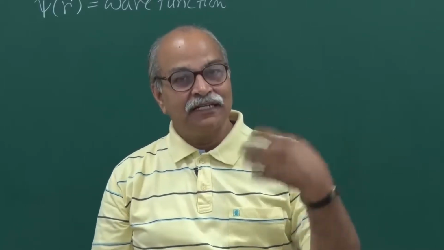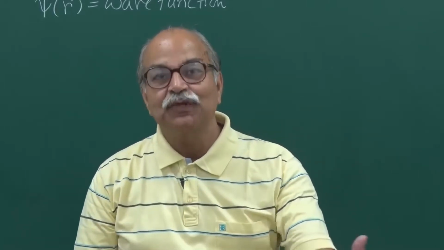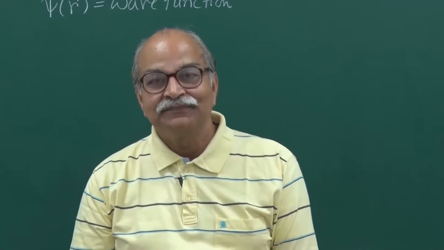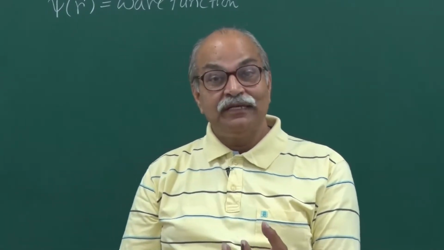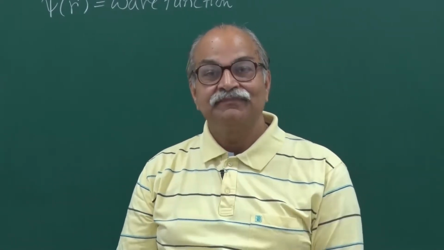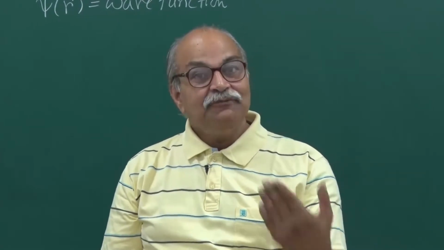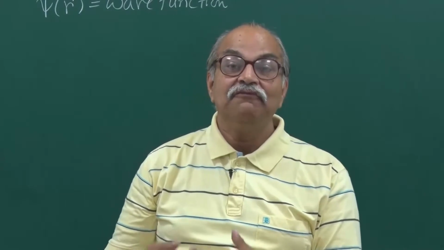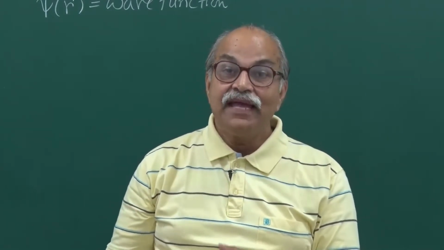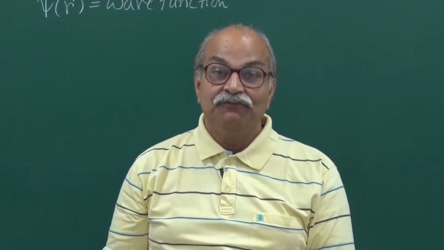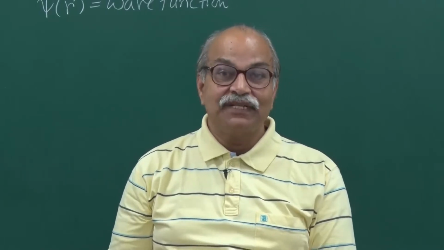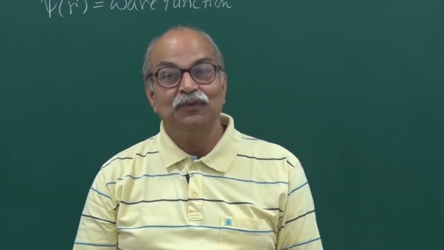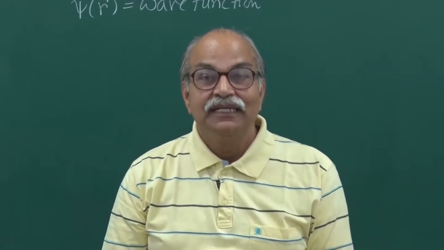And then you have other things, the photoelectric effect and others, where you have to think in terms of photons. Similarly for electrons also, electrons have wave character and particle character. The wave character is used in a variety of electron microscopes and other things.